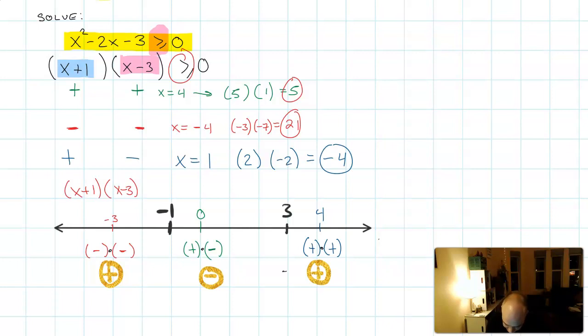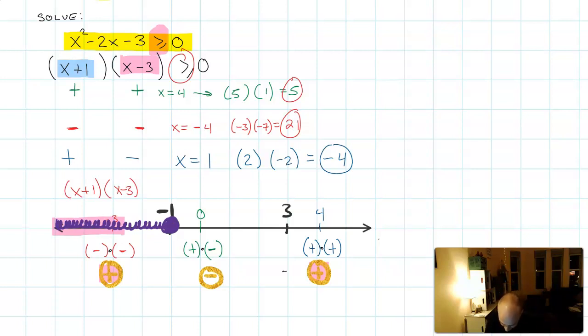So on the little sign chart or number line, I'm going to shade or highlight anywhere that I highlighted a positive sign, because that would represent the entire function being greater than or equal to 0. So I'm going to shade that whole region. Actually, I'm going to use purple to shade here. I'm going to shade this whole region on the number line all the way up to -1, and I'm going to include -1 because it was greater than or equal to 0, and I know the function is equal to 0 at -1.